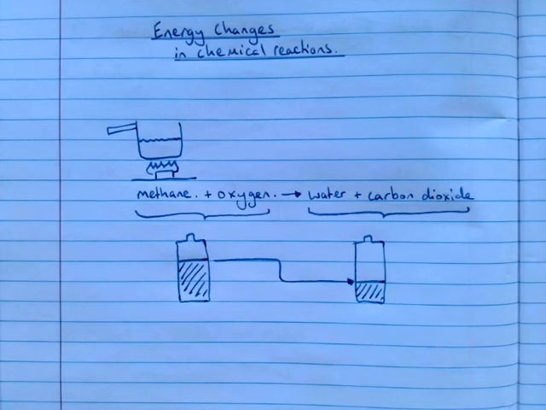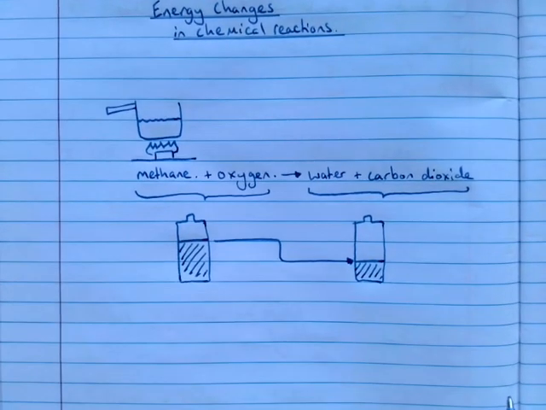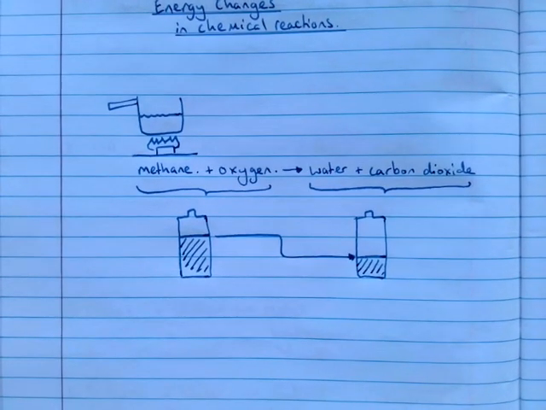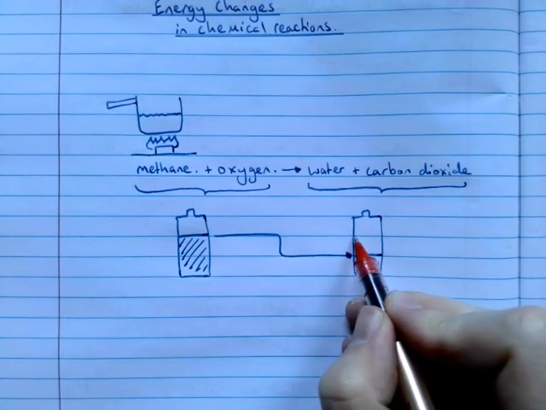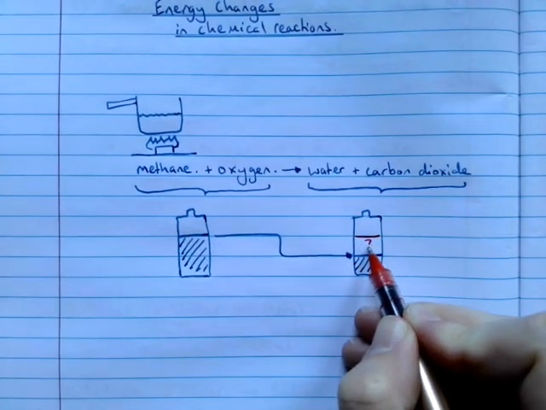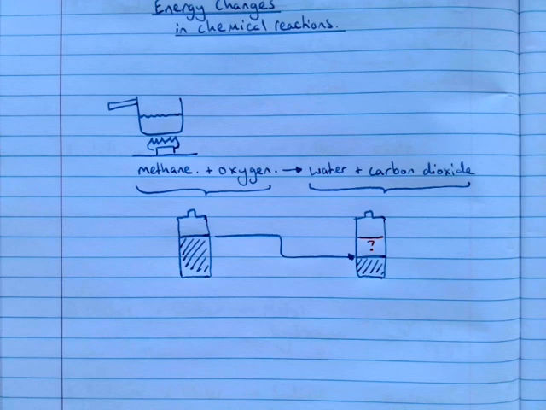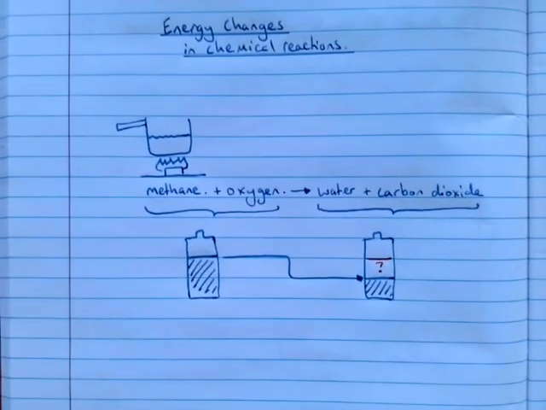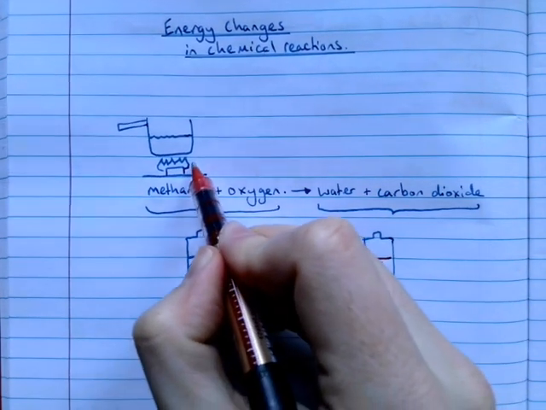Now we know that energy can't be created or destroyed, so the question is, where has this extra bit of energy gone? This bit here, where's that gone? All right, and the answer is that that energy goes into the surroundings.